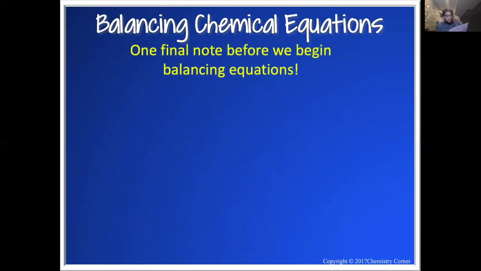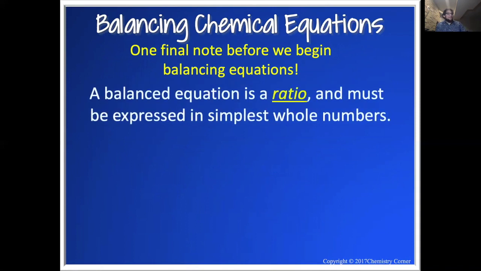One last thing before we actually do a few examples. This is another throwback to some of your earlier math classes. We want to talk about simplest whole number ratios. If you take a look at an equation like this, the same one we've been working with, you might be tempted to say, okay, this one's good.